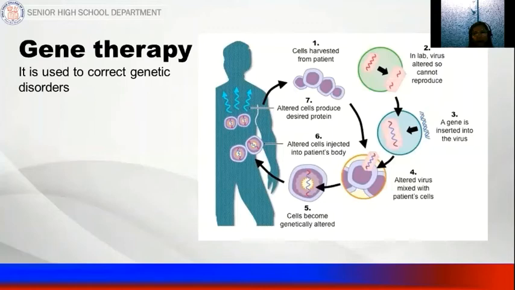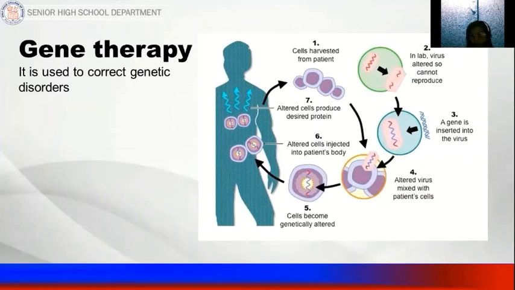So we can actually correct the genetic disorder through this process: harvesting the cells from the patient. An example would be cancer cells. They are altered or changed in order to heal that particular disorder.